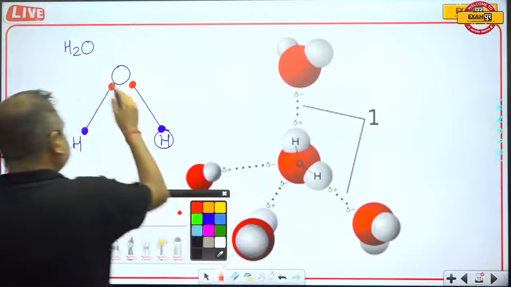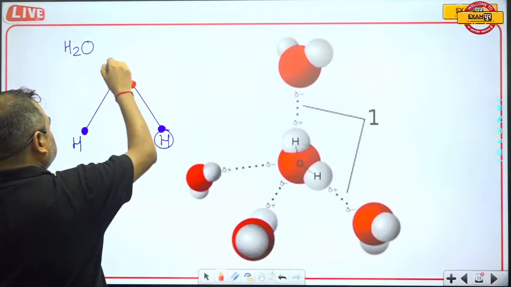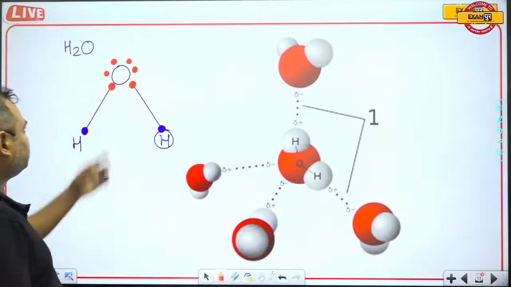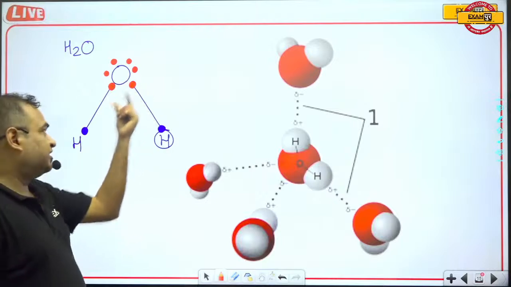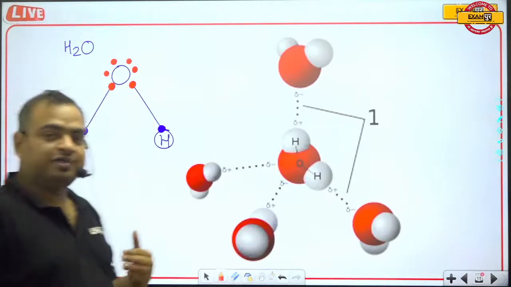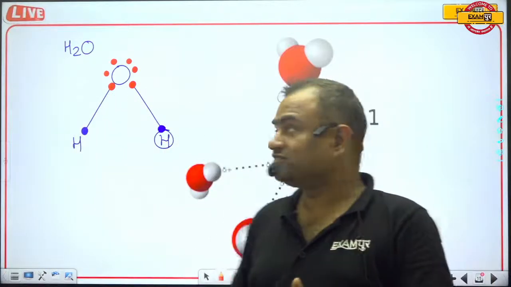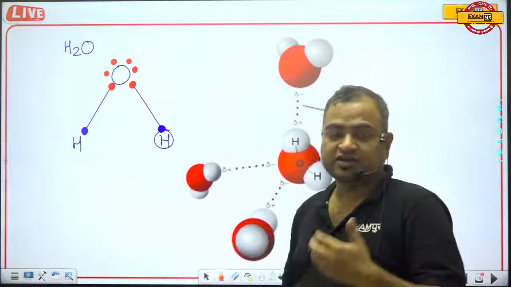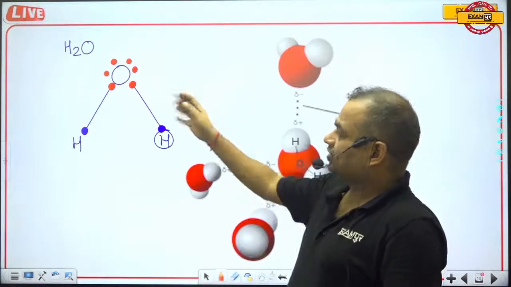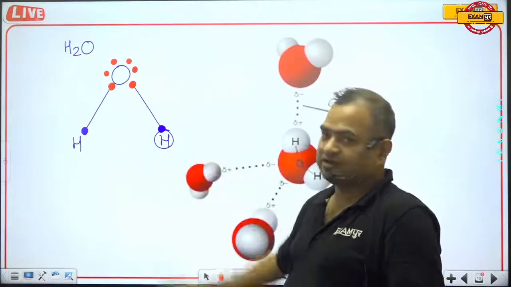So guys, this oxygen has six electrons, 3, 4, 5 and 6, and if this oxygen gets these two electrons, then it will have 8 electrons in its outermost shell and get the stabilized configuration. But for this it has to combine with the hydrogen.